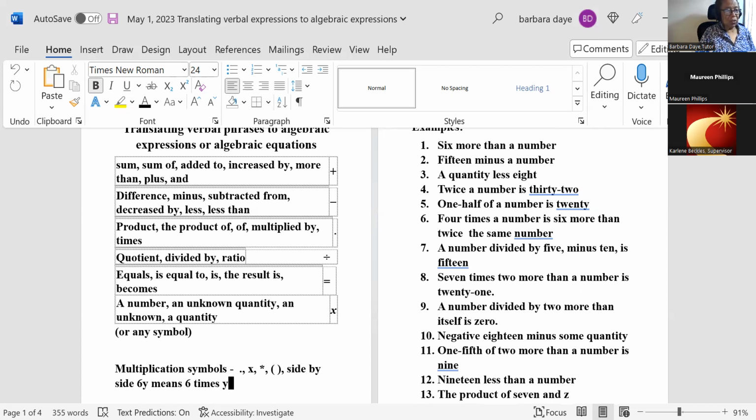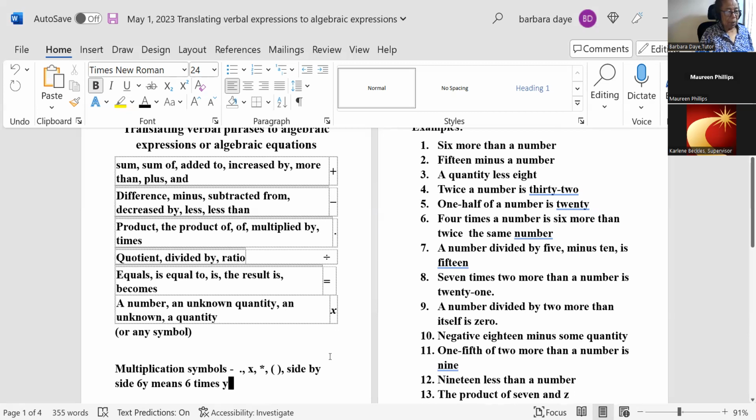So that's product. The product is the one that has more symbols to represent it: the product of, multiplied by, times. Like 6 times 5 is 30. You could use the X, the asterisk, or the dot.